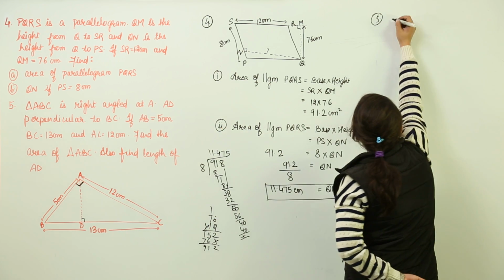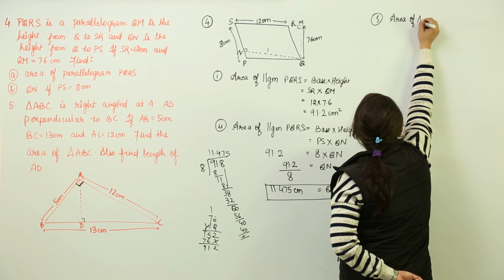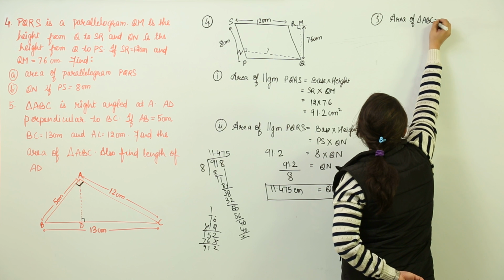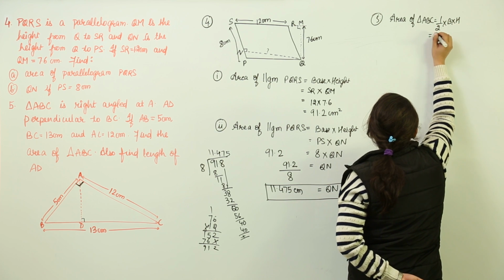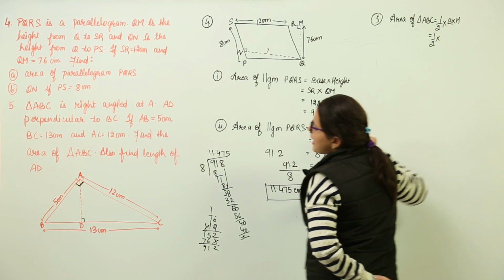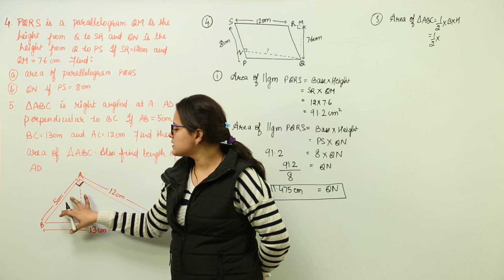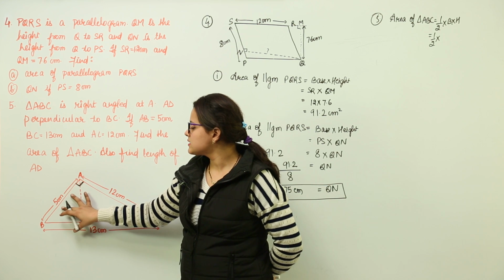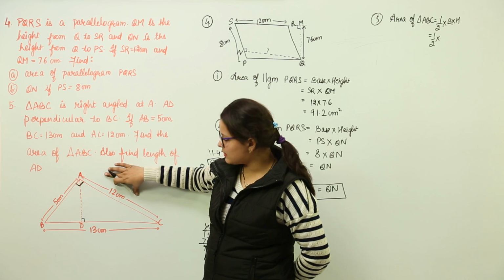So because ABC is a triangle, we can write the area of triangle ABC as 1 by 2 into base into height. Now what is going to be the base? Because it is a right angle triangle, I am going to take AB as the base. If AB is taken as the base, from the opposite vertex, the perpendicular drawn is represented with AC.